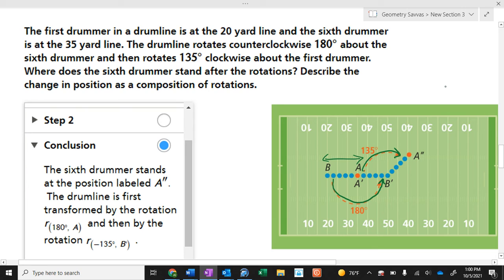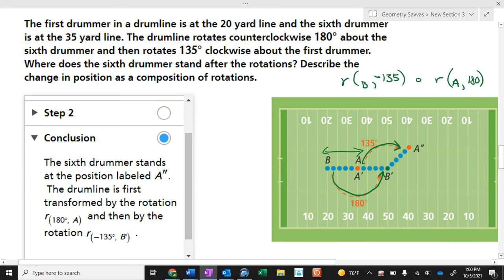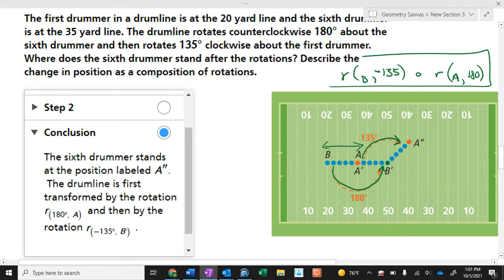So for the composition of rotations, the first rotation, which we use a small r, we rotated around point A, and it was 180 degrees. The second rotation, and we have to work right to left when we do composition of transformations, we rotated around point B, and it was 135 degrees clockwise, so it's negative 135 degrees. Okay?